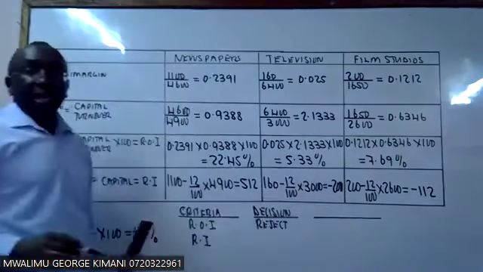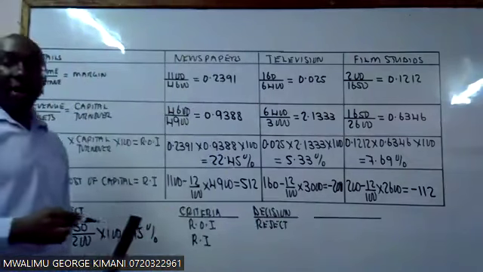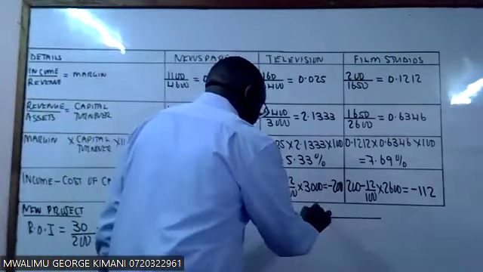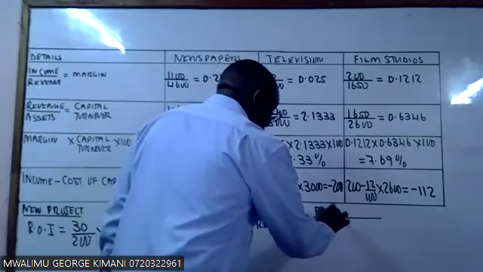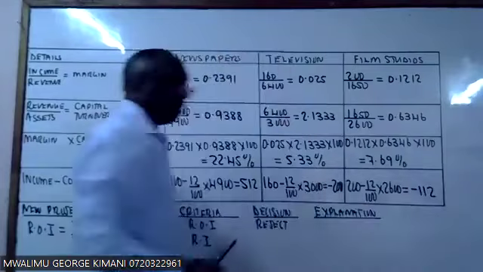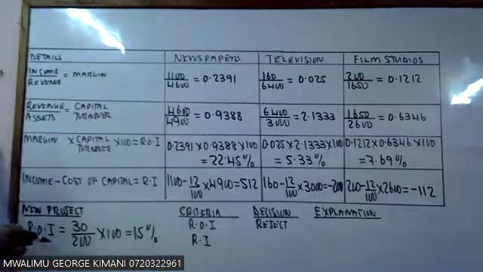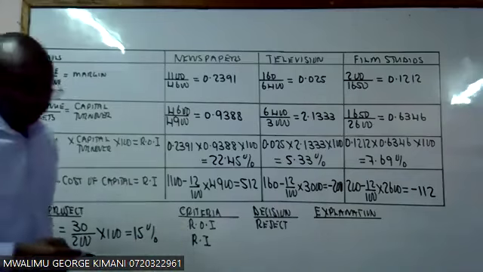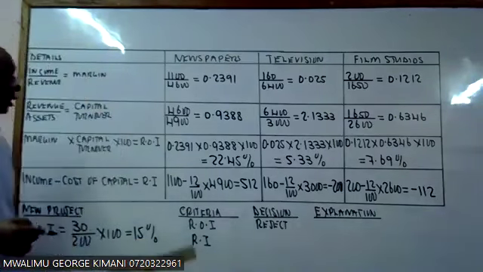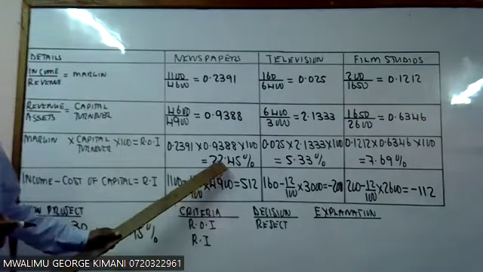If you remember what we said, when you are comparing a project using the return on investment method, you are supposed to look at the existing divisional return. Now, this project by Kanyama, it is the newspapers division, which is currently having 22.45%.